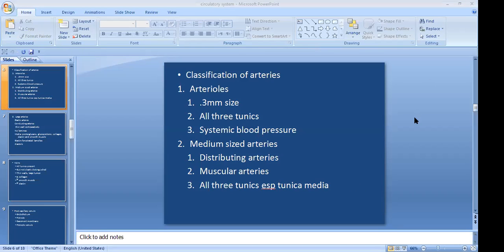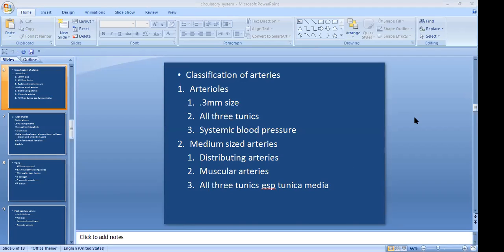So, what is present in the arterioles? Usually, the diameter of arterioles is 0.3 millimeter, and they are composed of all three tunics which I discussed previously, but their size is less.